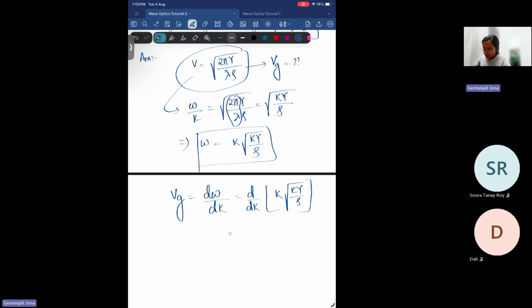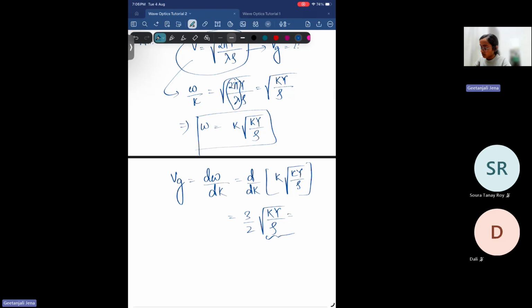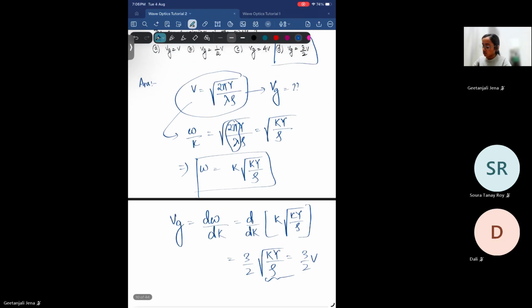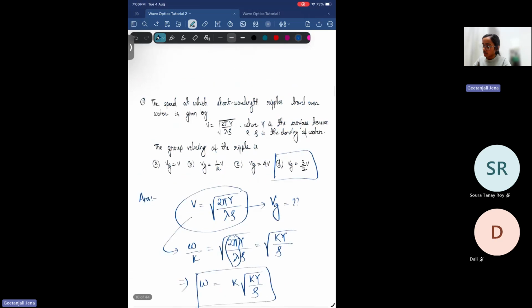So this will give 3 by 2 square root of k gamma by rho. This is the phase velocity that we had earlier, so 3 by 2 v. So group velocity is 3 by 2 times v.